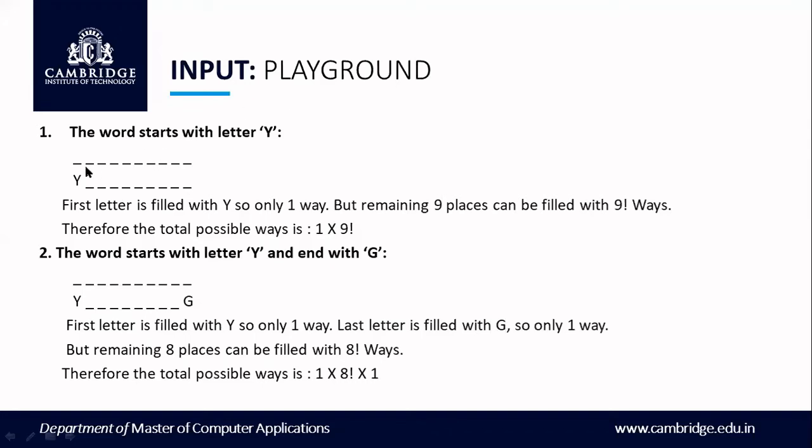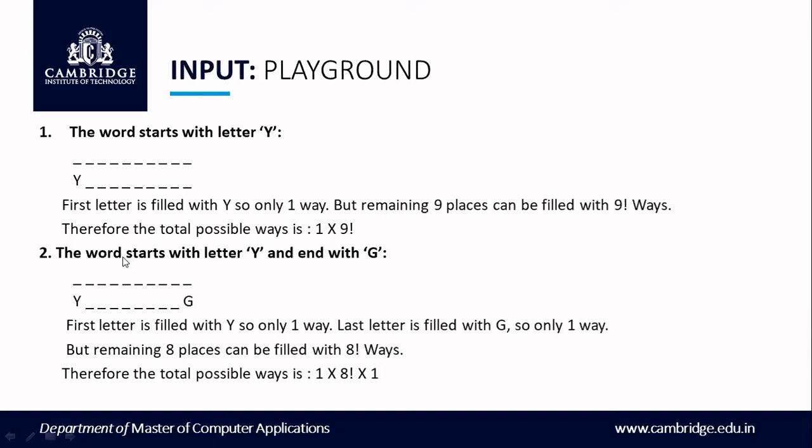Out of that, the first space is by default filled with the letter Y, because the question says the word should start with the letter Y. So only one possible way for Y. But the remaining 9 places can be filled with any of the remaining letters, so we have 9 factorial ways. Therefore, the total possible way is 1 into 9 factorial, which is nothing but 9 factorial.